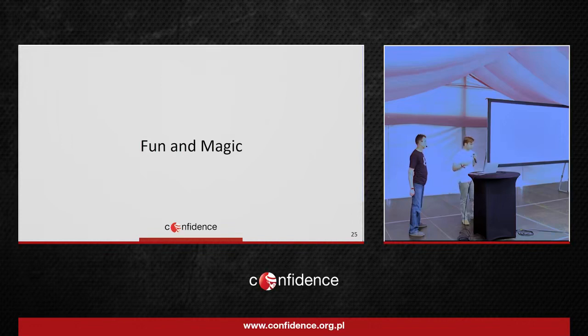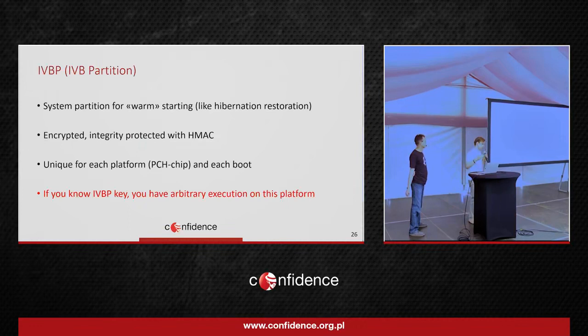And now I will talk about some small magic and funny information about ME. ME has a special partition called IVBP. This is a system partition for hibernate, for warm starting. It looks like hibernate.